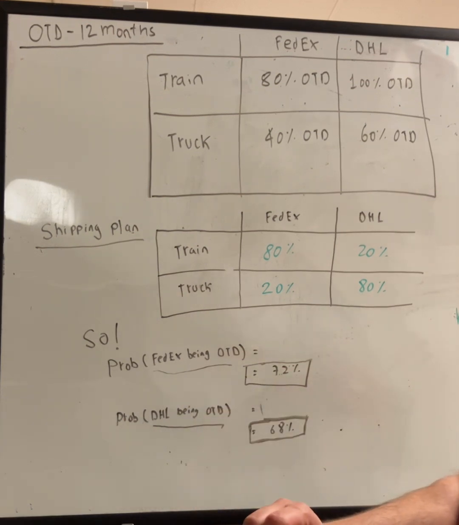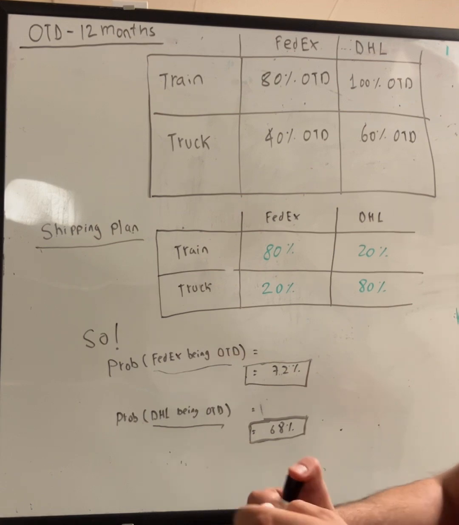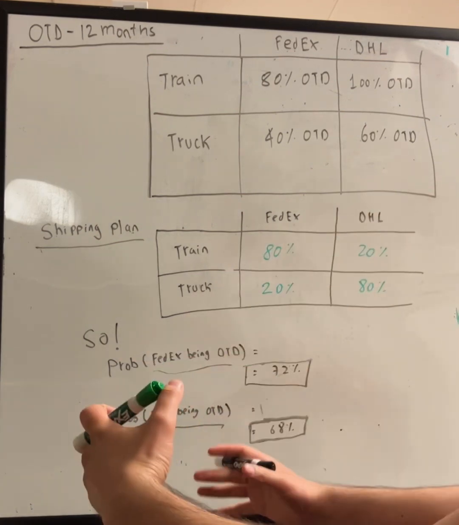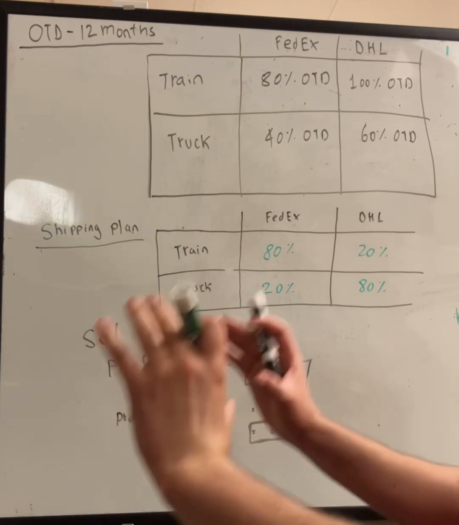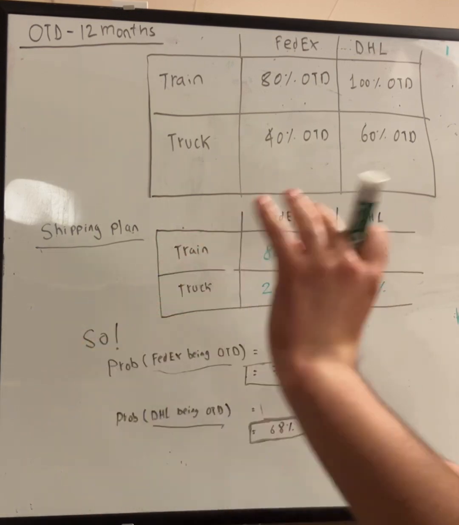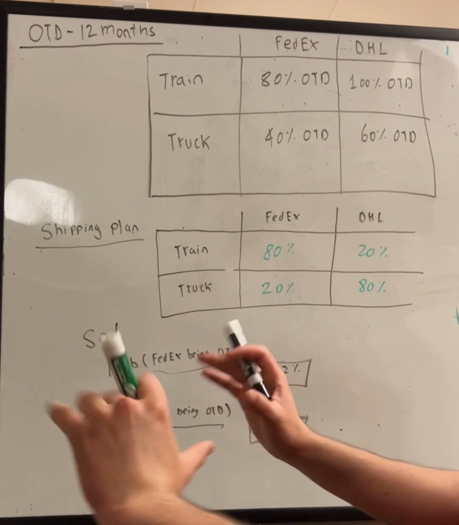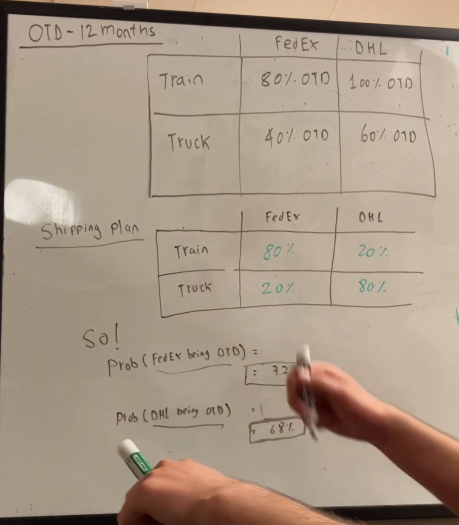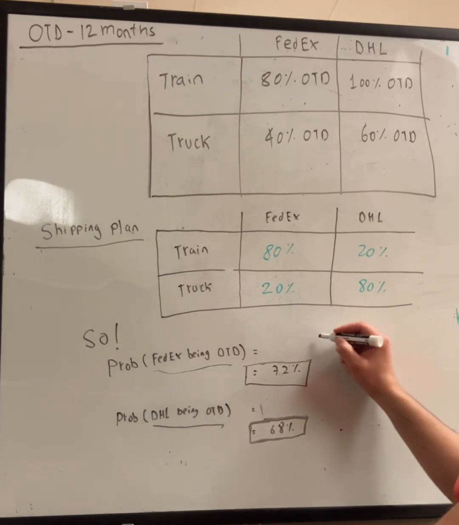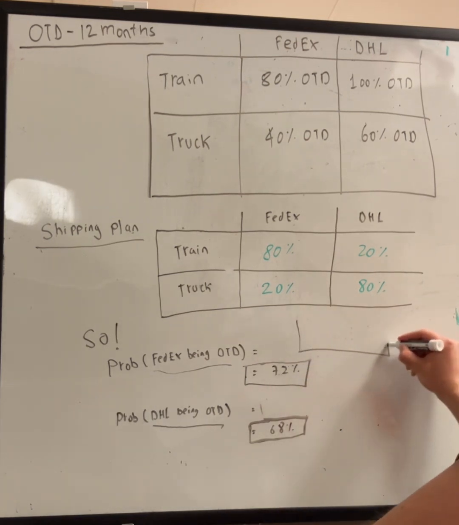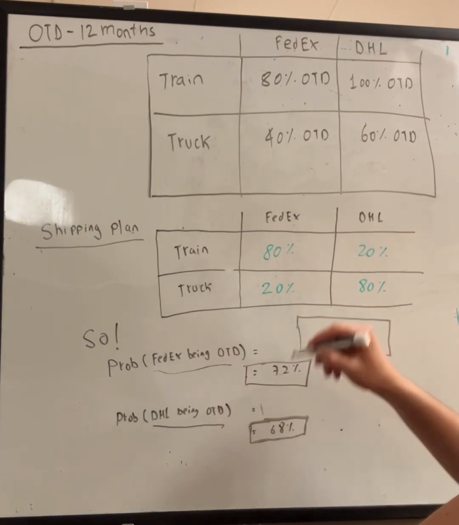This can be done by looking at probability as a proportion, taking portions or percentages over a total sample space. So let's say for FedEx, this is our entire sample space.